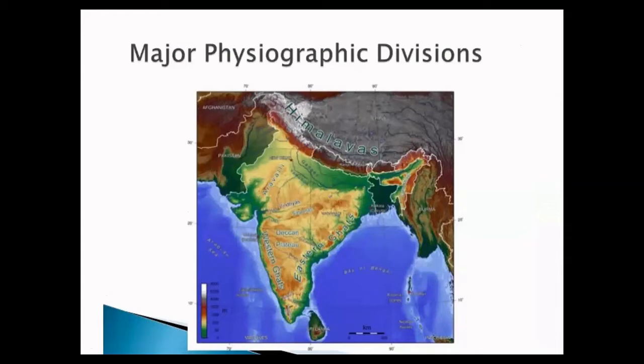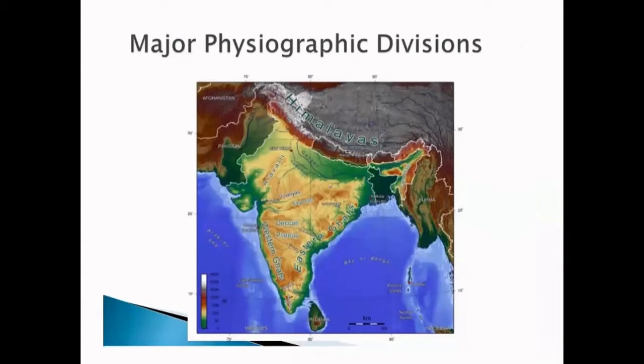These mountain ranges run in a west to east direction, that is from Indus in Kashmir right to Brahmaputra in Arunachal Pradesh. Together they form an arc, and this arc is 2,400 kilometers long.